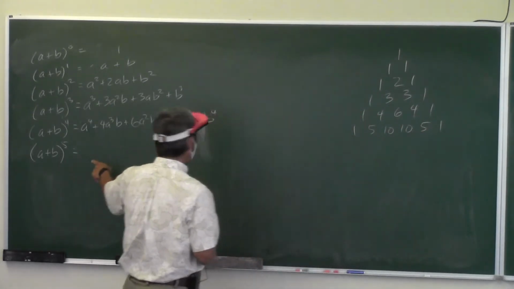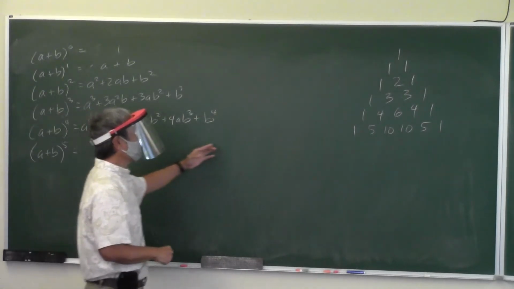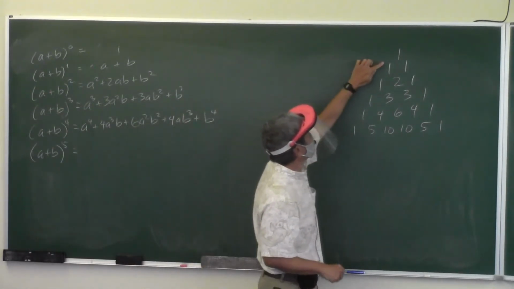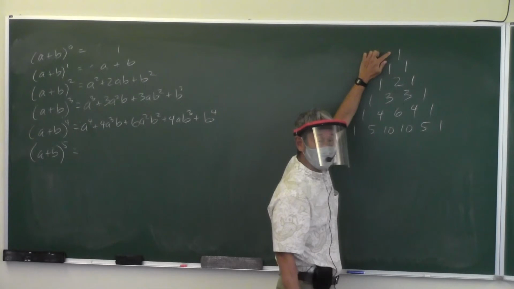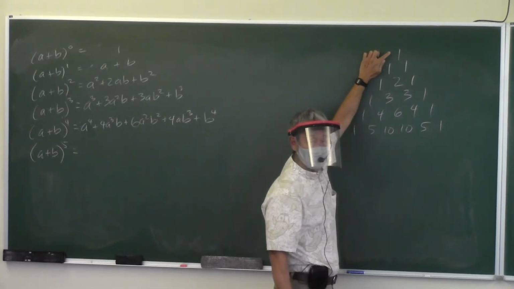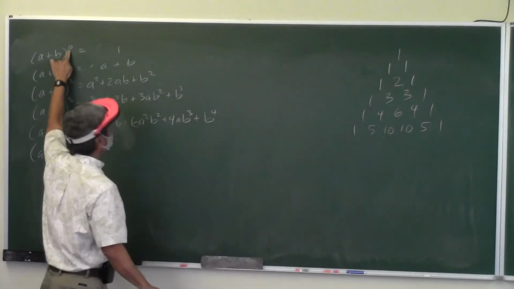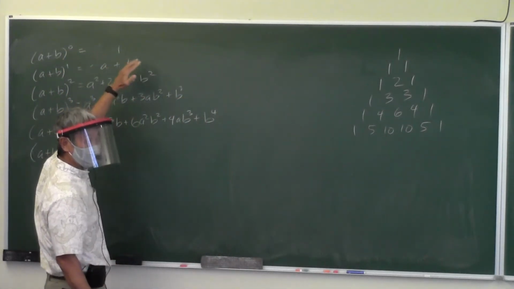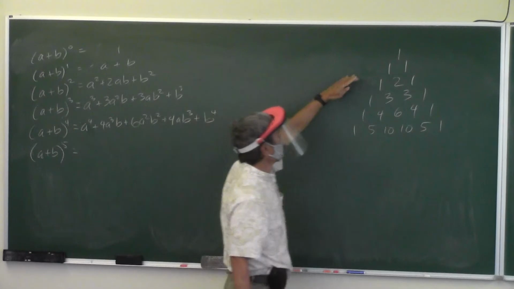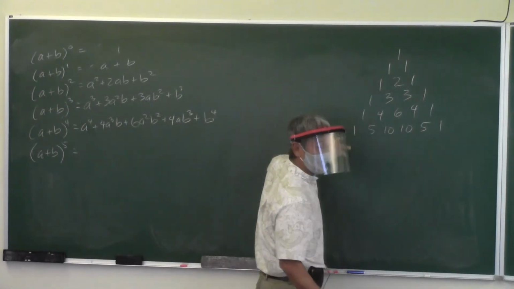Those are going to be the coefficients when you expand this. What do you mean this is the 5th row? That's because this top row here is called the 0th row. You know why we call it the 0th row? Because it corresponds to a plus b to the 0. So this is the first row, the second, the third, fourth, fifth.